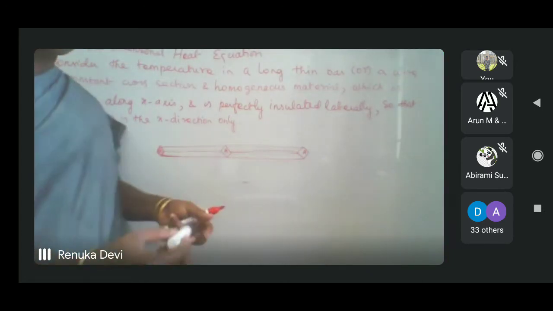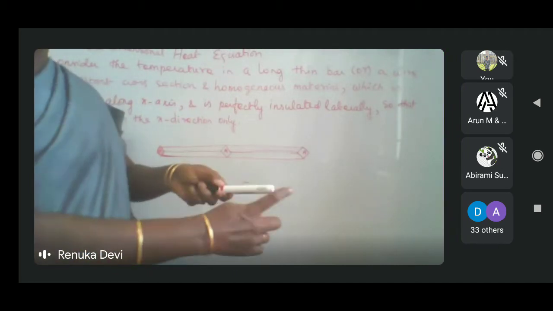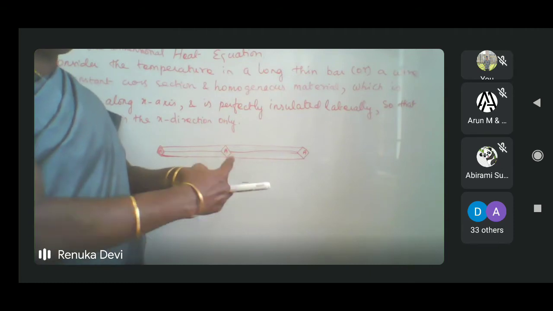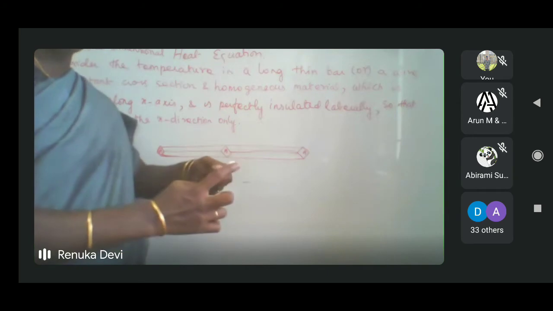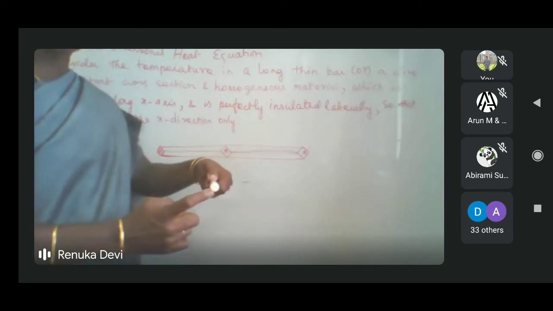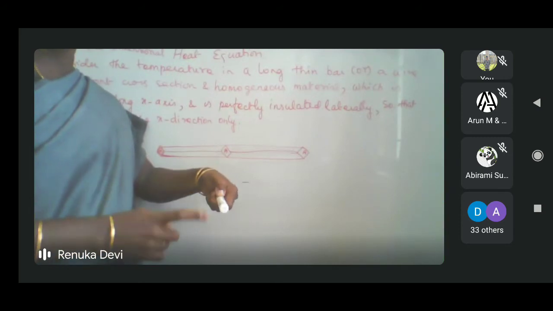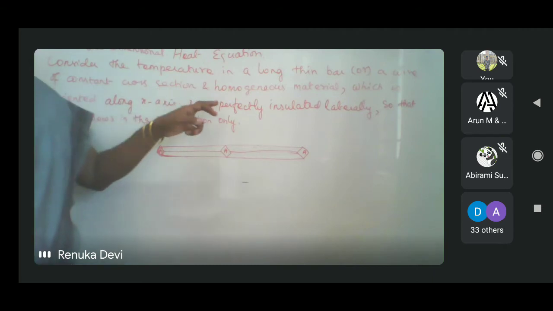If you take this pen, it is like a wire. Wherever you cut the wire, you have the same area. So that is given as constant cross section and homogeneous material.